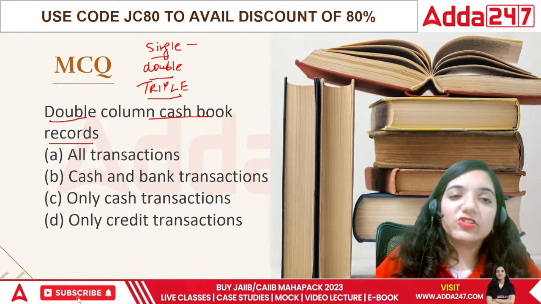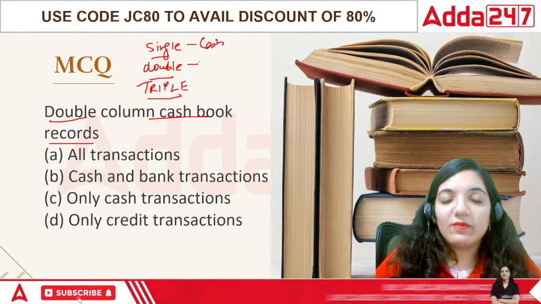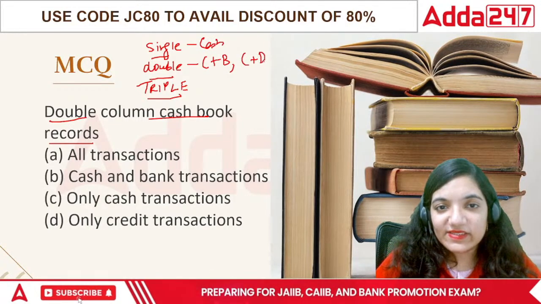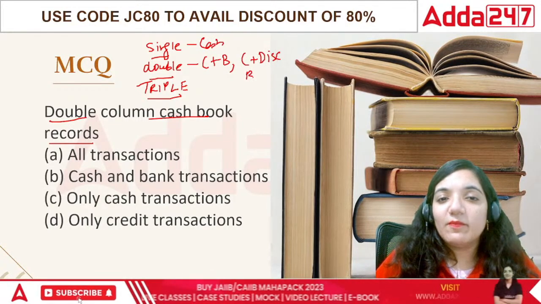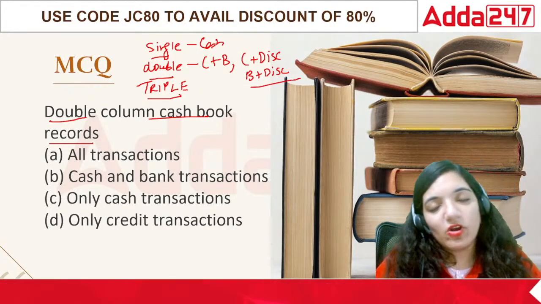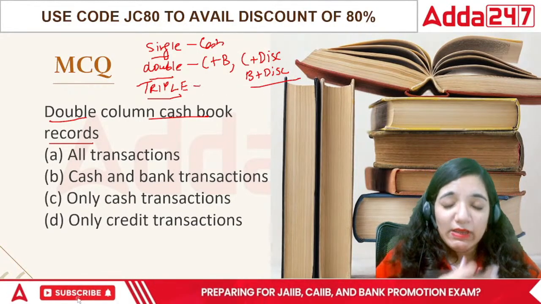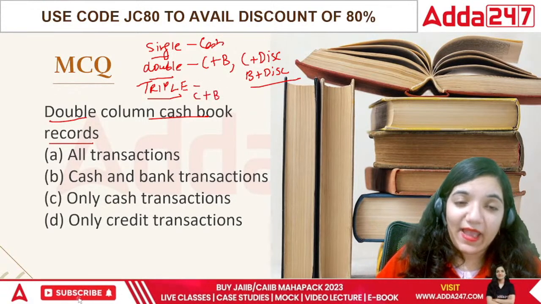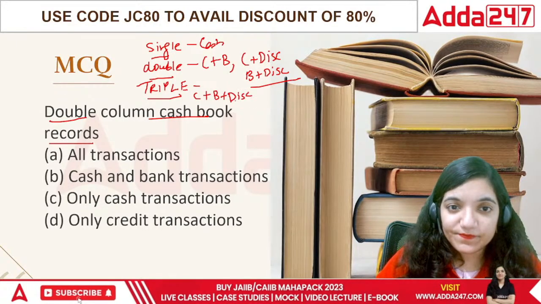In single column, you will just make a cash account. In double column, you can make cash plus bank, you can make cash plus discount, or you can make bank plus discount. Double column means two columns. And then we have triple. I'm sorry. In the triple, you have cash plus bank plus discount columns.